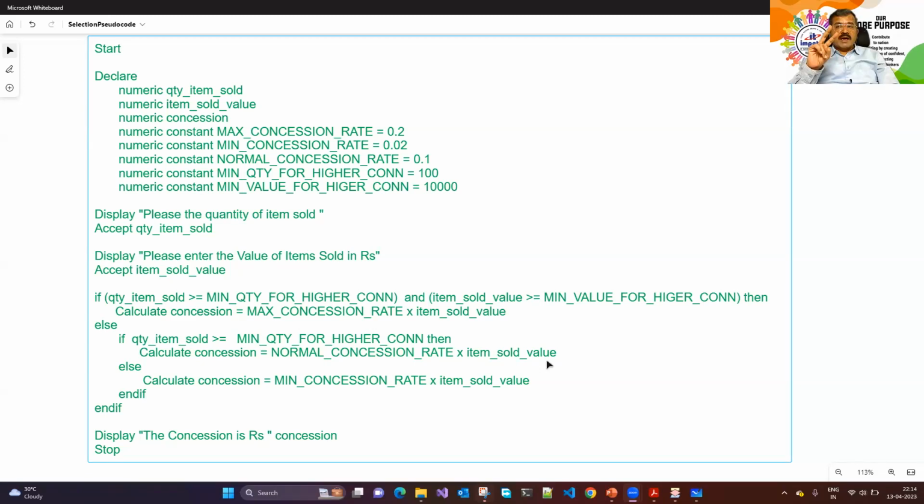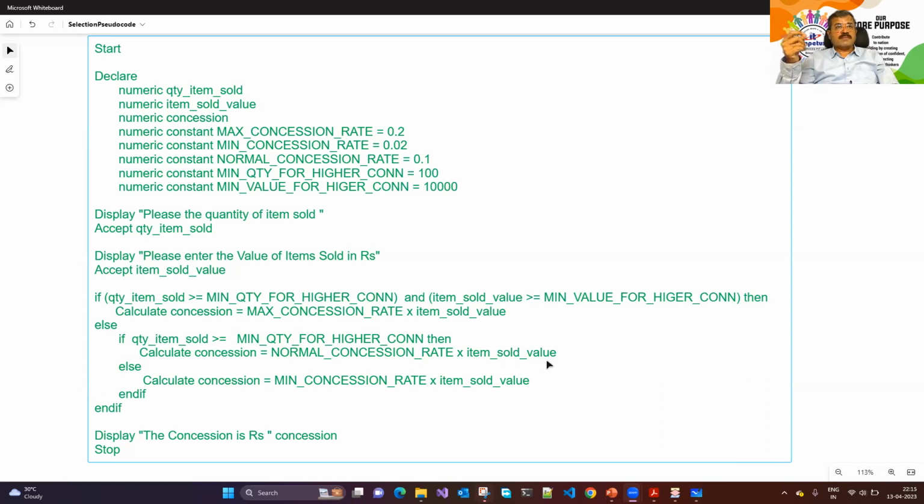So if the quantity sold is greater than or equal to 100 and the value is greater than or equal to 10,000, then the concession is highest, 20%. If the quantity is greater than 100 but the value is less than 10,000, the concession rate is 10%. And if the quantity is not greater than or equal to 100, then you pay him 2% concession.